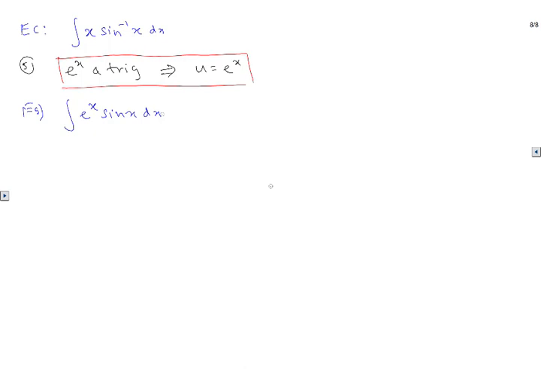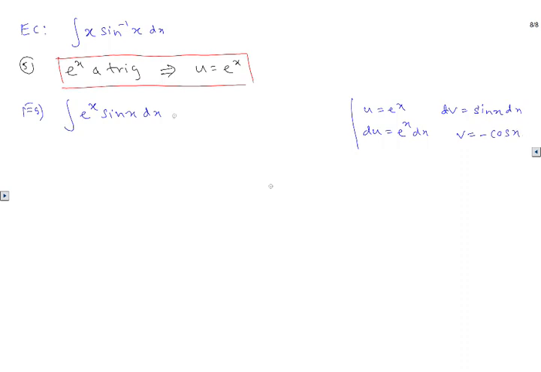So as we normally do, we're gonna pick u equal e^x. So dv equal sine x dx, and take the derivative. So du equal e^x dx, and then v equal, this is the integral, so negative cosine x.